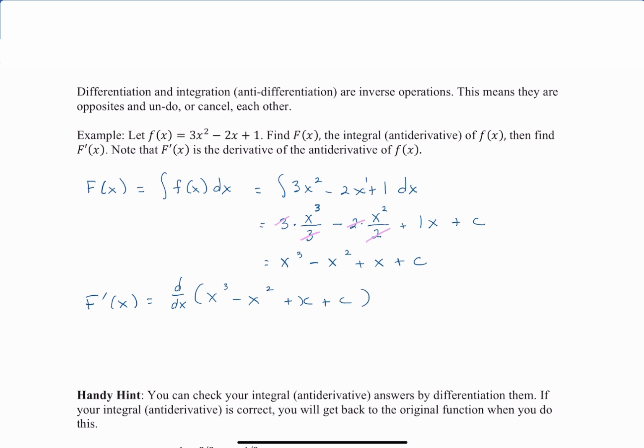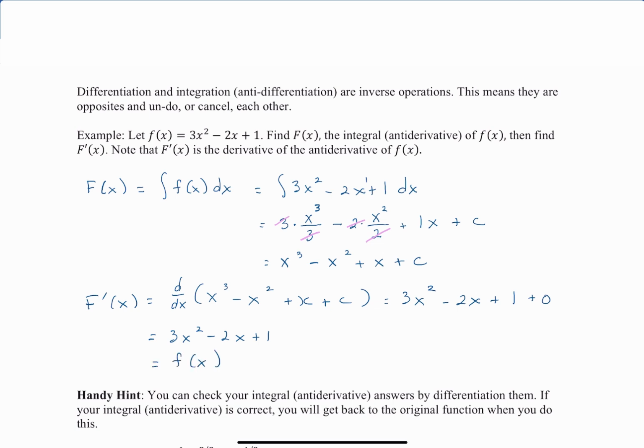And differentiating that, we get 3x squared minus 2x plus 1, and the derivative of a constant is always 0. So in other words, I'm getting 3x squared minus 2x plus 1. And notice that's exactly our original little f.